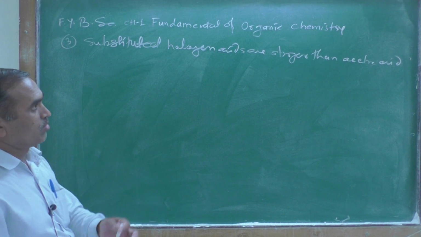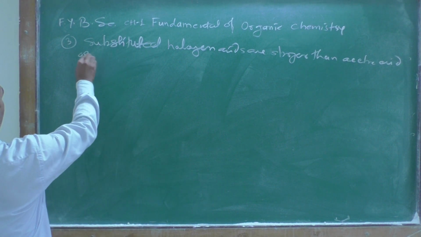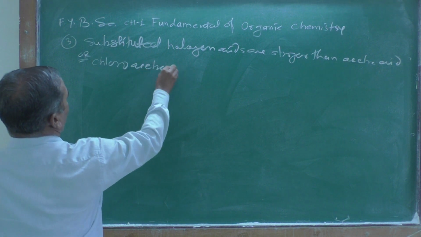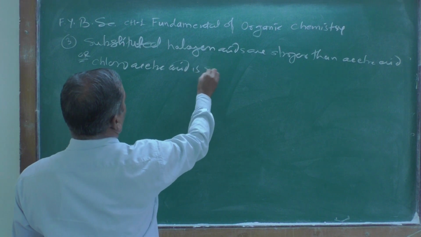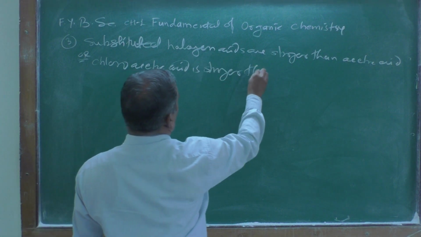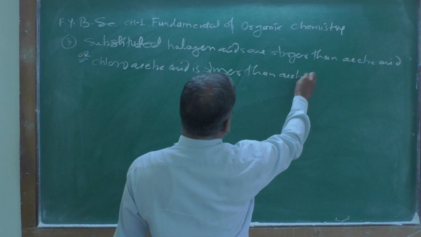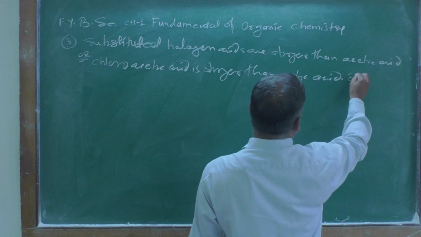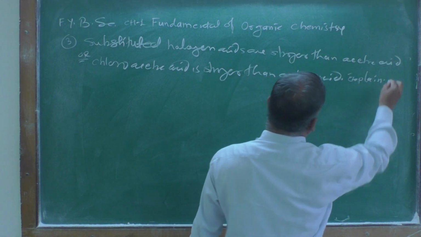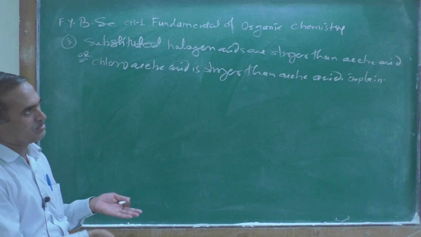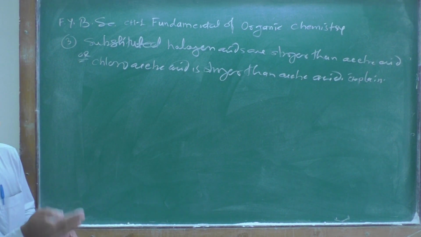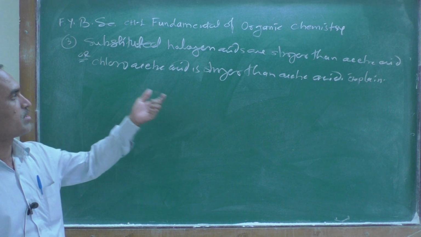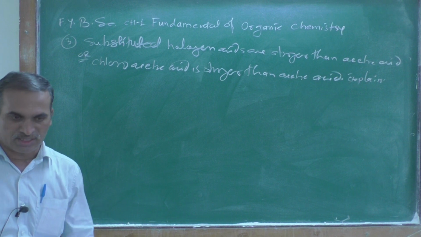Or you can explain it in another way: acetic acid is weaker than chloroacetic acid.